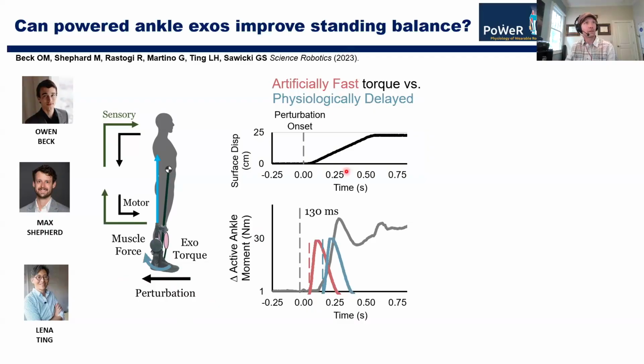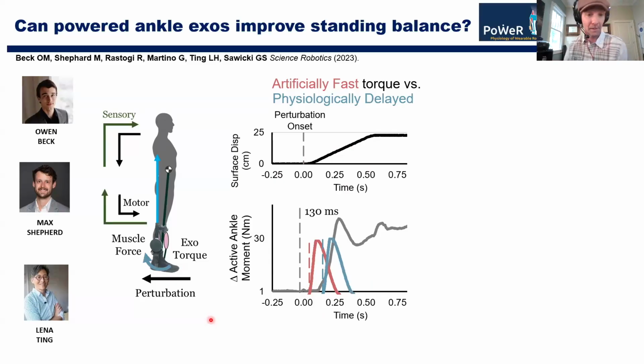So here's just some simple depiction of the protocol. Quick surface displacement, and then the red and blue are exoskeleton torques, which we purposefully applied as fast as we possibly could after the perturbation onset. The exoskeleton knew when the platform was going to move, so in that sense, we were cheating. We told the exoskeleton to turn on as fast as possible in concert with the slide of the platform.